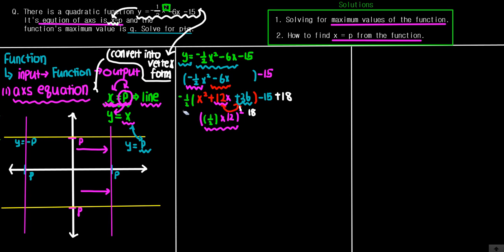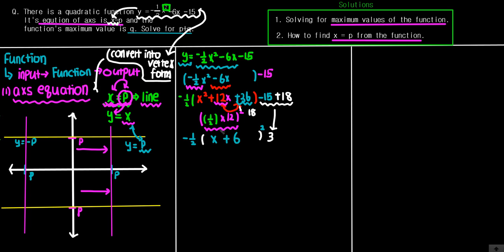And now we kind of finished it here, but negative 15 plus 18 will turn into a positive 3, and we have parentheses for x squared plus 12x plus 36, and with the negative 1 over 2, we can factor it into x plus 6 squared.